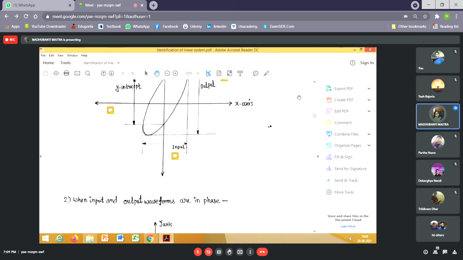For 4K, the value of 2C is 0.3 and the value of 2B is 4.7. For 4.2K, the value of 2C is 0.2 and the value of 2B is 4.8.